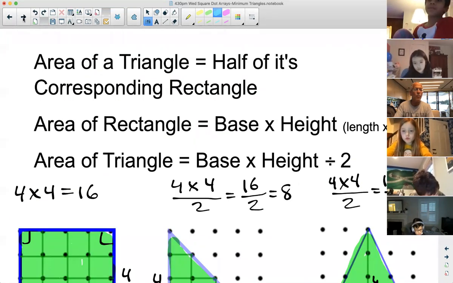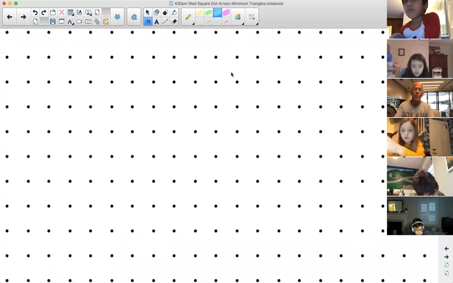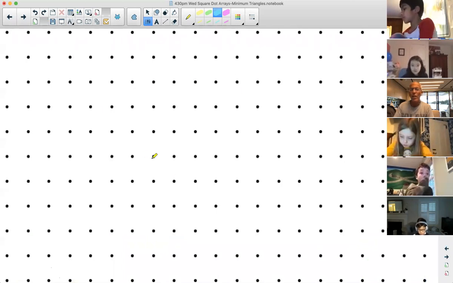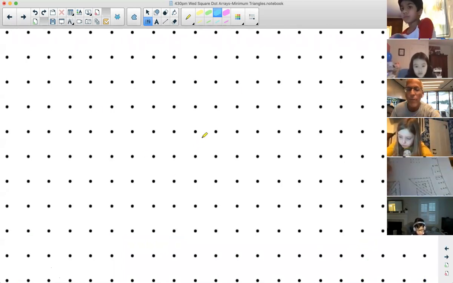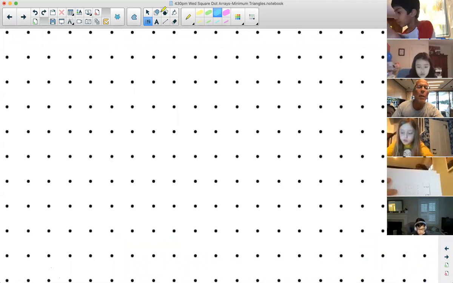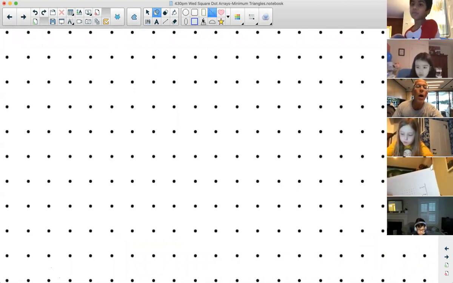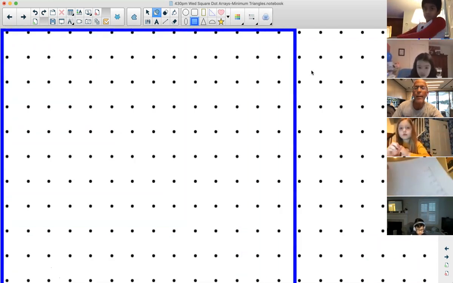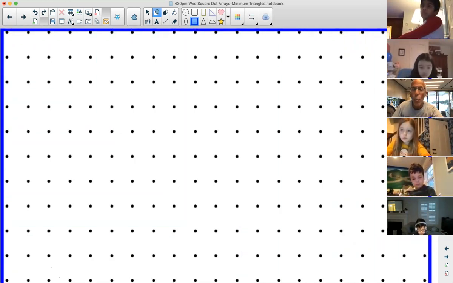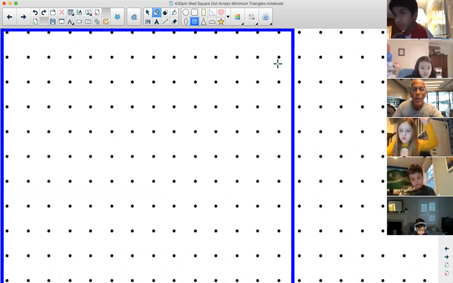Oh, I wanted to show you something else. I also gave you guys a page that has just dots. If you go to page 12, that means that you could make any square array that you want. Let's say you want to do, I don't know, like a 20x20. You could try to do that.